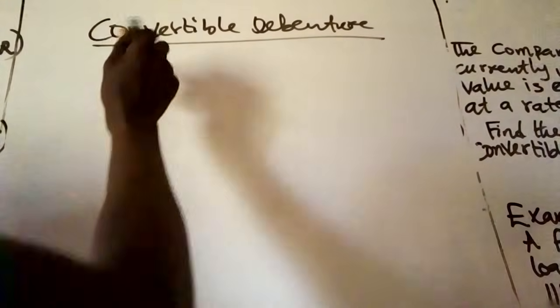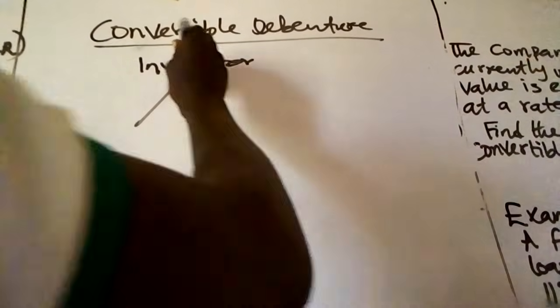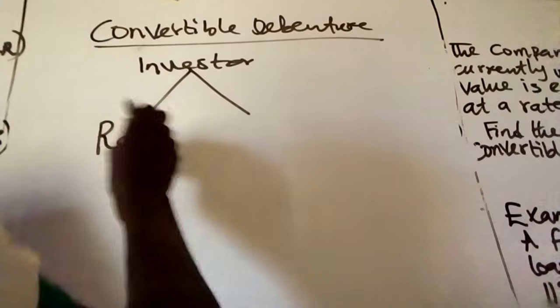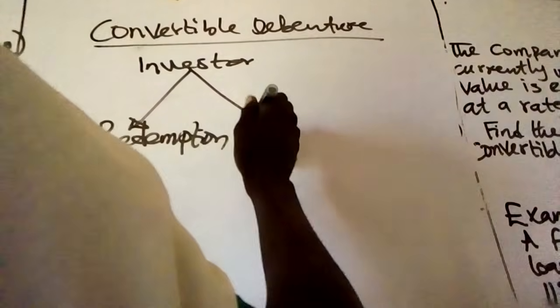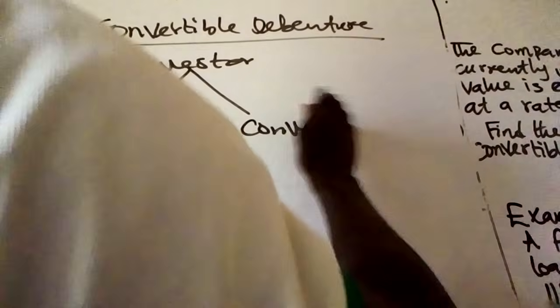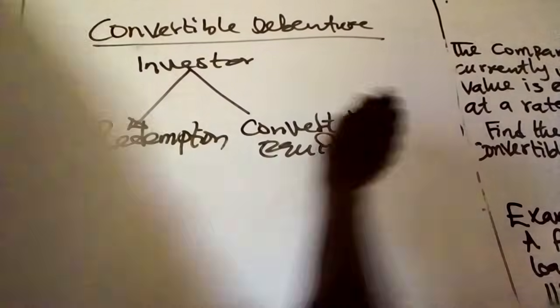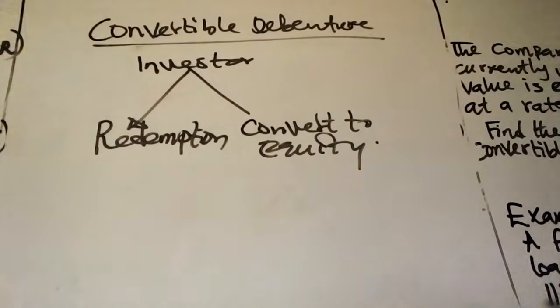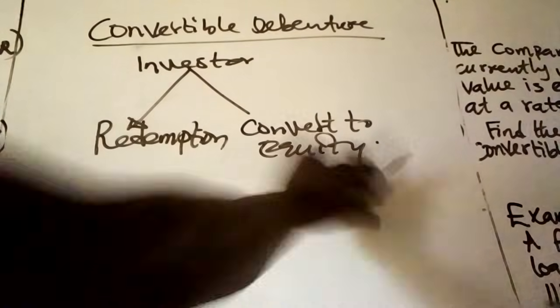So if the investor wants to choose between redemption, that is to repay that loan on maturity, or to convert them to equity, ordinarily the investor will prefer to choose the higher of these two.